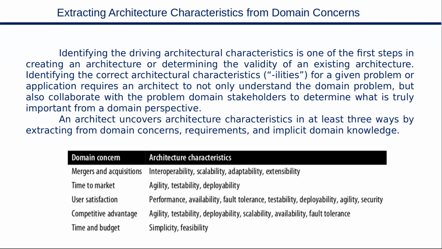What does it mean for the design of the system? That means that you have to concentrate on agility, testability, deployability. If you hear from the stakeholders that user satisfaction is quite important, then it means what is important for user satisfaction from the perspective of architectural characteristics: performance, availability, fault tolerance, testability, deployability.